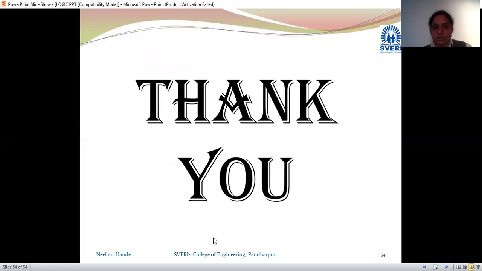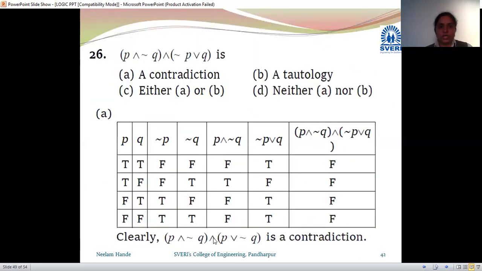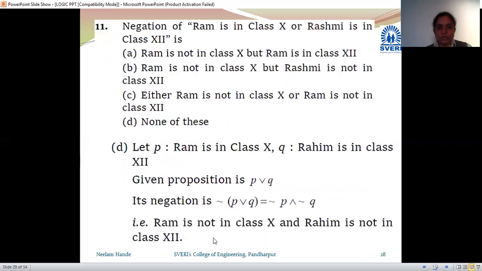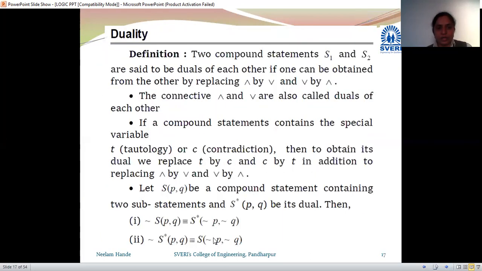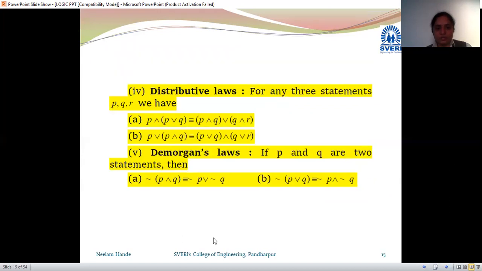So this is what is required for your logic for CET. The very important thing is you should know all the truth tables and some theoretical parts behind them. These are some laws; do not forget them. Negations of these laws are important. De Morgan's law: negation of P and Q is negation P or negation Q, and for or it becomes and.